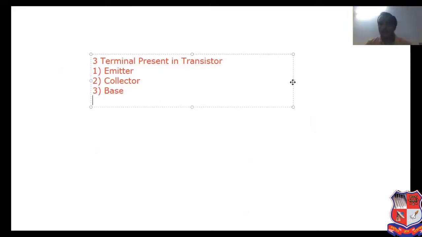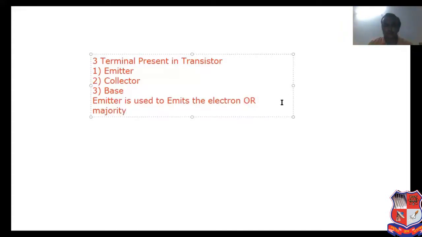Now emitter is used to emit the electron. Emitter is used to emit the electron or majority charge carrier.